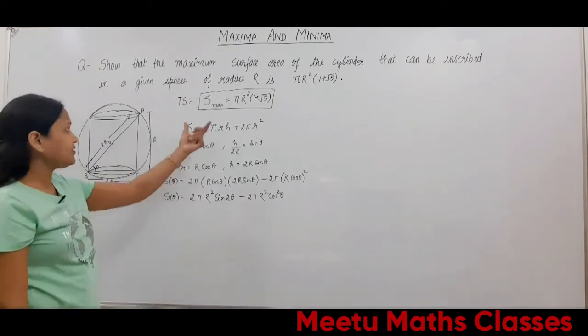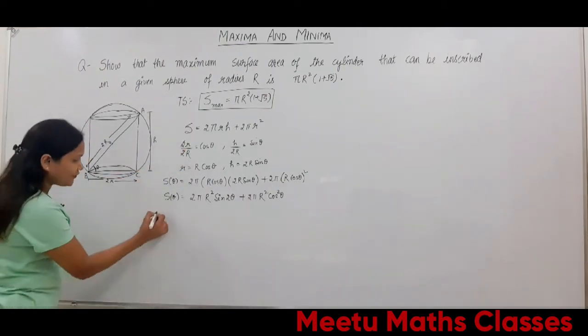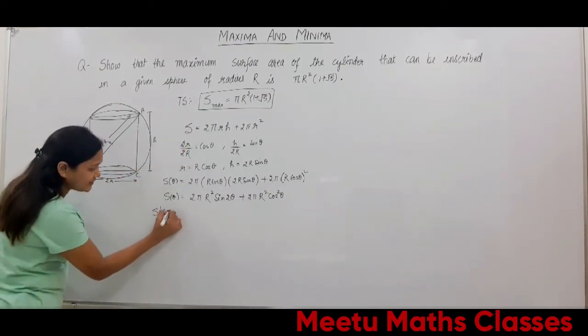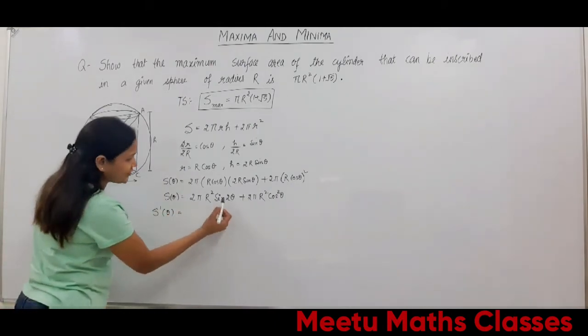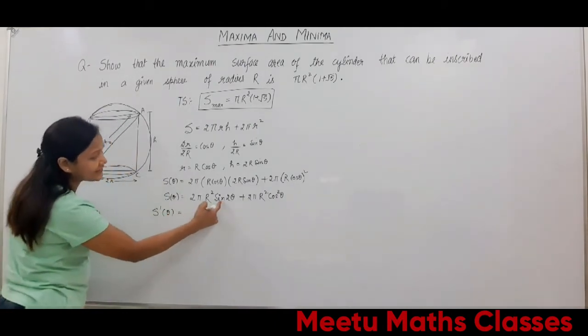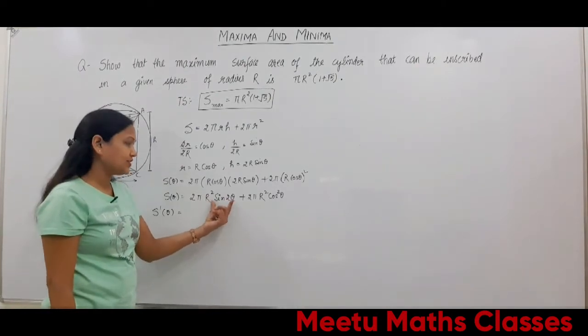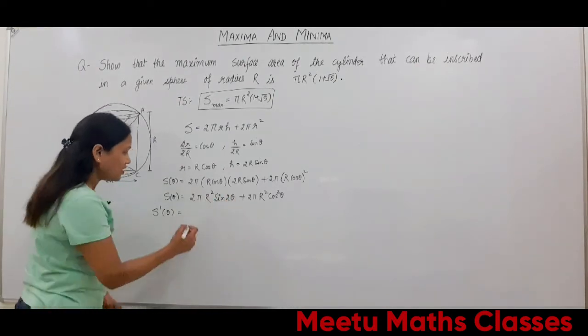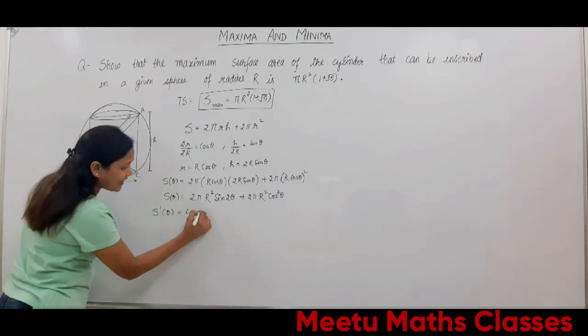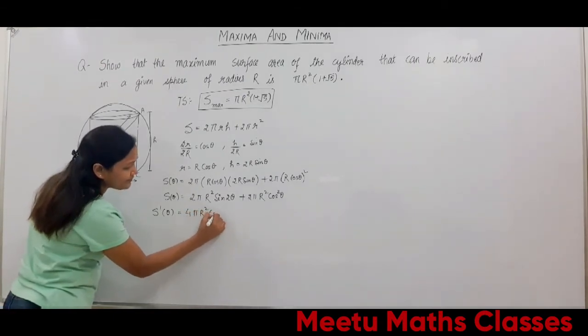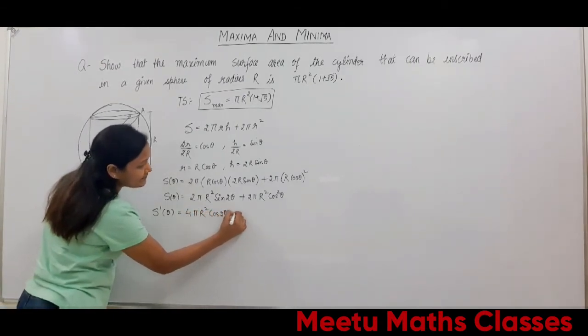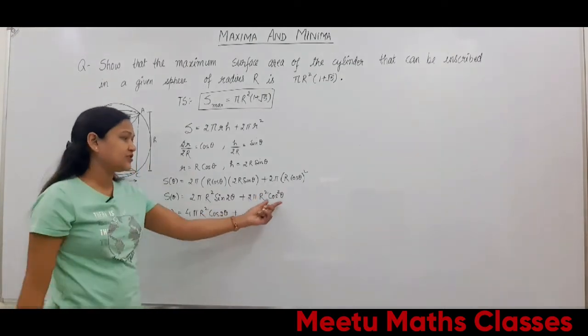To maximize your surface area, you have to first differentiate it once. So differentiating with respect to theta, we will get, sin 2 theta का differential क्या होता है? Cos 2 theta and 2 theta का 2. So it will come 4 pi R square cos 2 theta plus, cos square theta का differential क्या होता है?